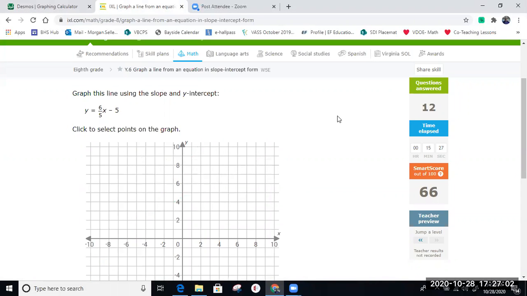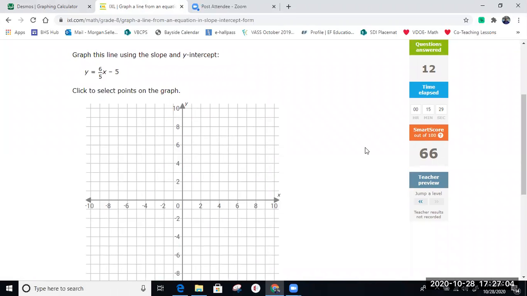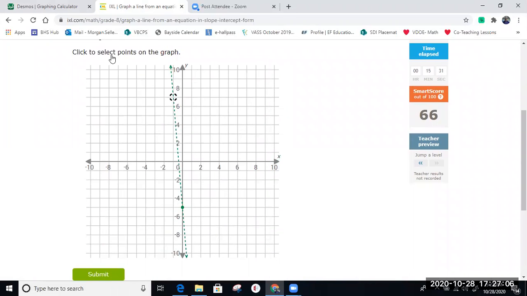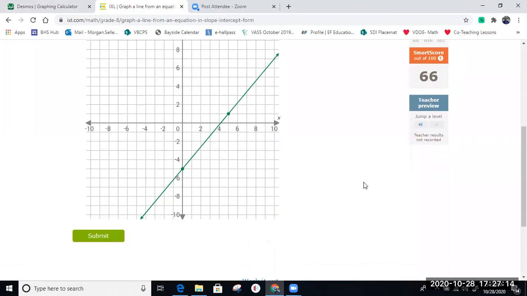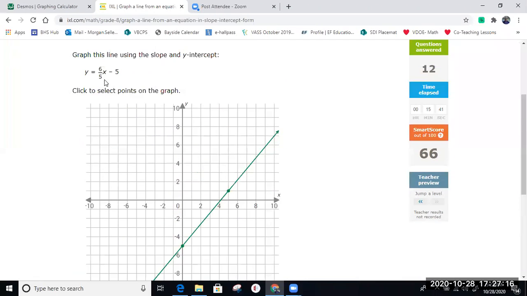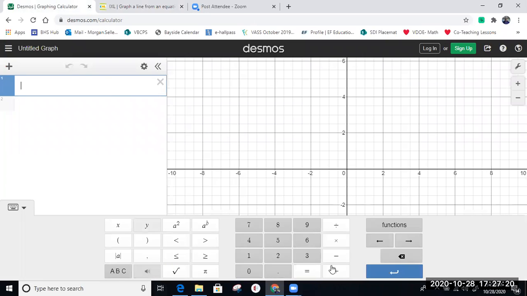I'm going to actually graph this one this time. So negative 5 and then 6 over 5. So 1, 2, 3, 4, 5, 6 over 1, 2, 3, 4, 5. Okay, so if I want to compare this, y equals 6/5 x minus 5, I just type in y equals 6 over 5.